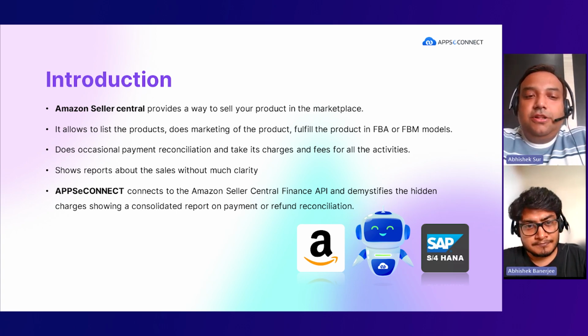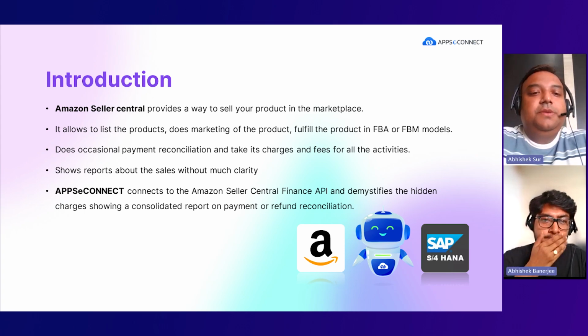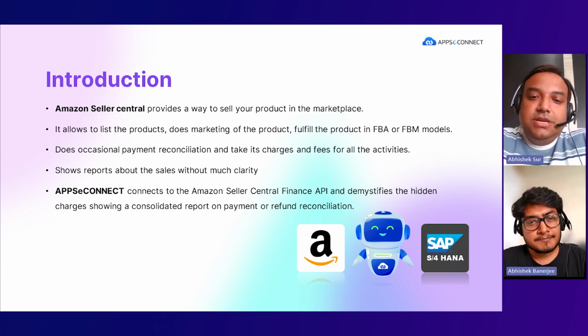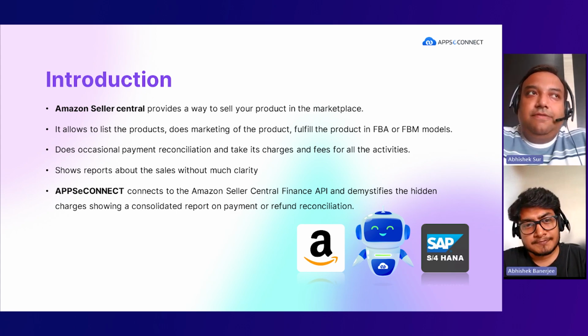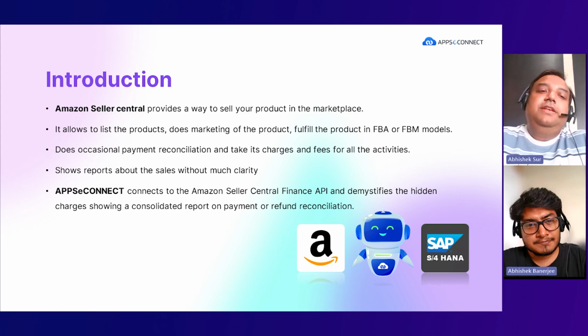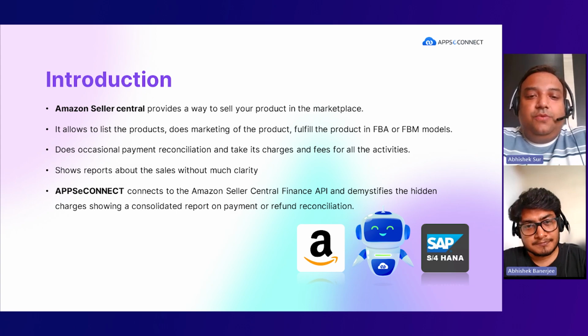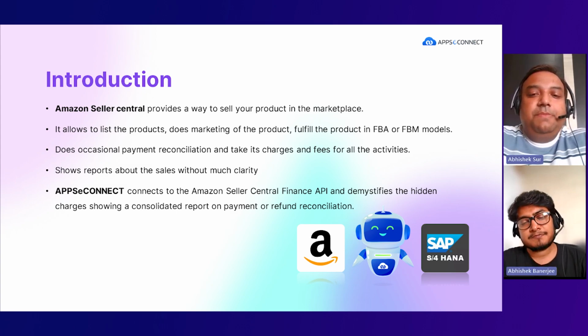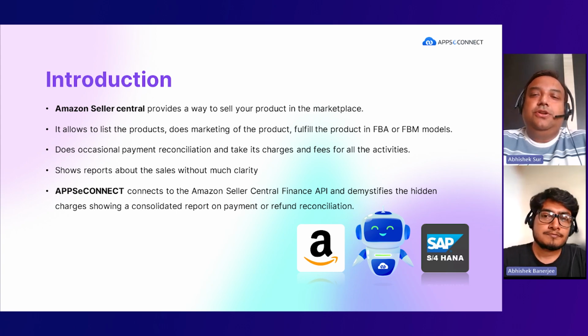There are actually two kinds of models in Amazon. One is FBA, where the seller needs to ship the products to the Amazon warehouse once, and all is taken care of by the marketplace, Amazon. And another way of delivering the product is the FBM model, where the listing is done in the Amazon catalog, but when the sale is made, the payment is made to the Amazon account, but the fulfillment needs to be done by the seller only.